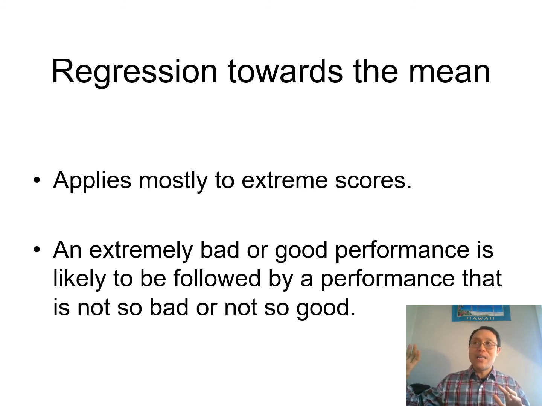Scores that are extremely to the left or extremely to the right have a tendency to gear back toward the mean, right? Because there is nowhere else to go but down. So extremely good or bad performance is likely to be followed by a performance that is not so good or not so bad. Right, so this is the regression towards the mean.